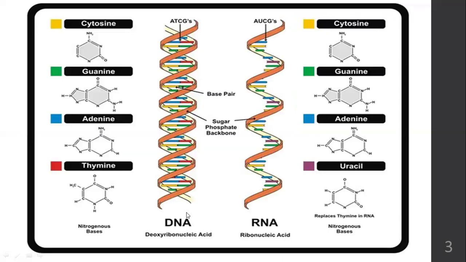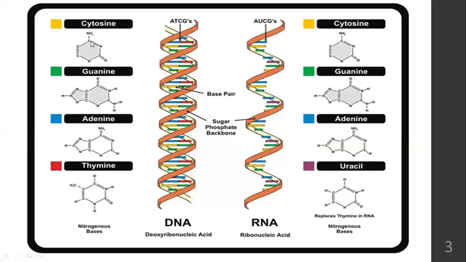This is the difference between DNA and RNA, as I mentioned. When we have the double ribbon structure, a double helix structure, this is DNA. Two ribbons have to come together to form your DNA. When we talk about one single ribbon, it is RNA. These are the base pairs: cytosine, guanine, adenine, thymine.